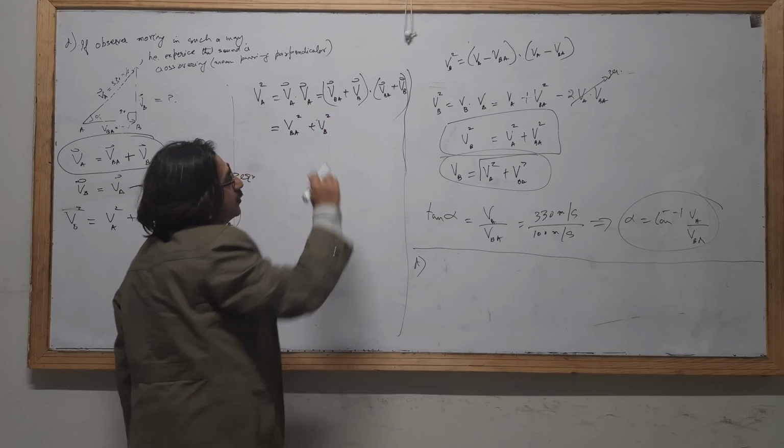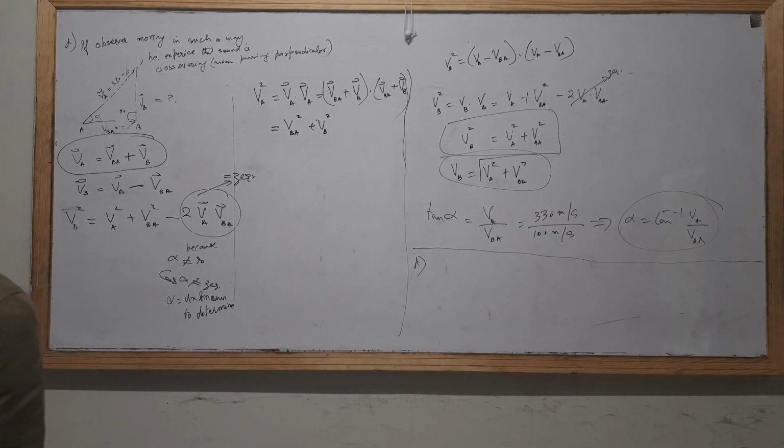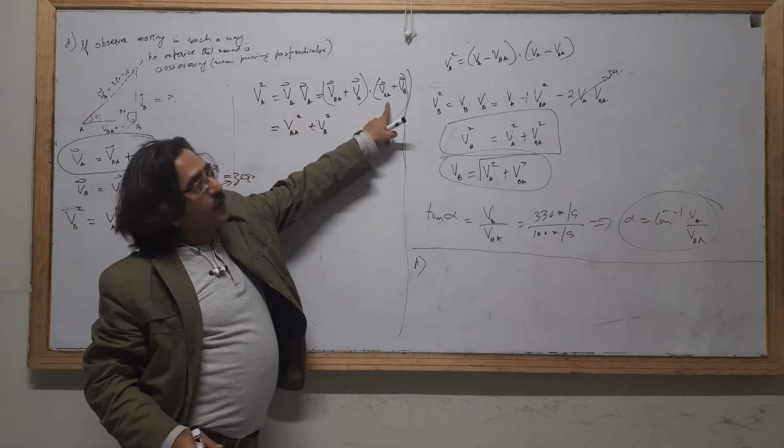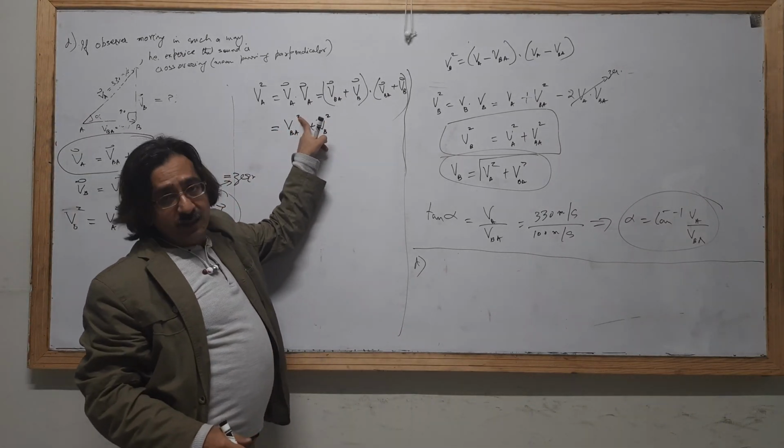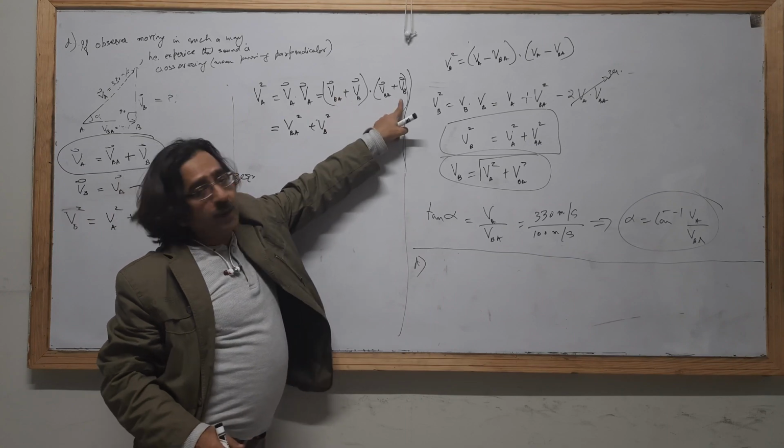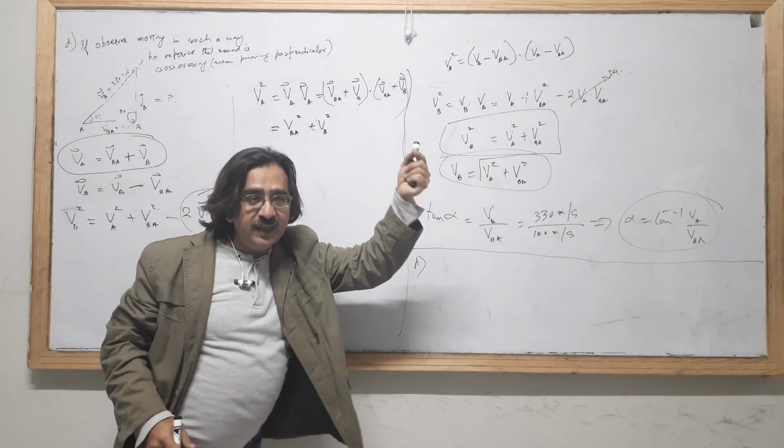We can never take the power of the vectors because vectors cannot be multiplied, that is the dot product. VBA dot VBA will be VBA square. VB dot VB will be VB square.